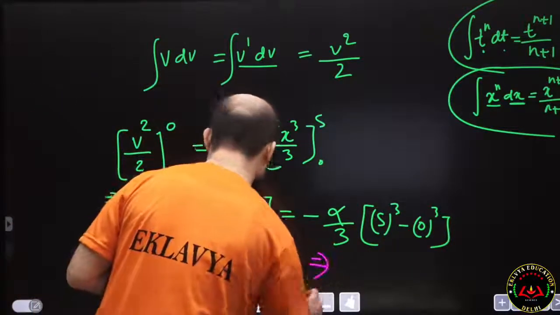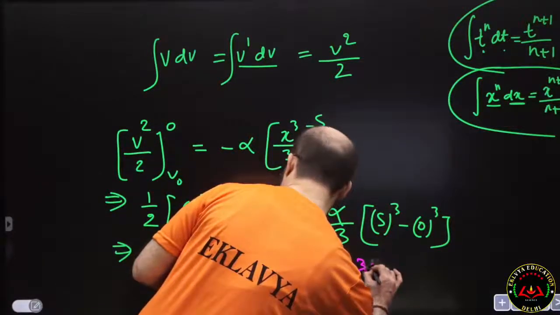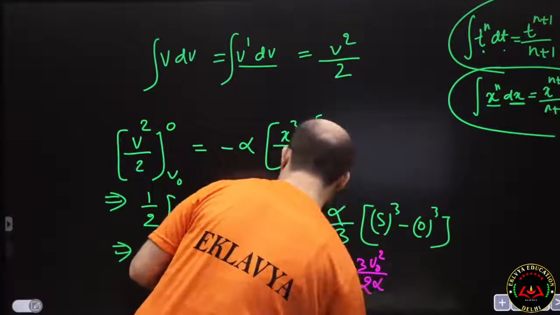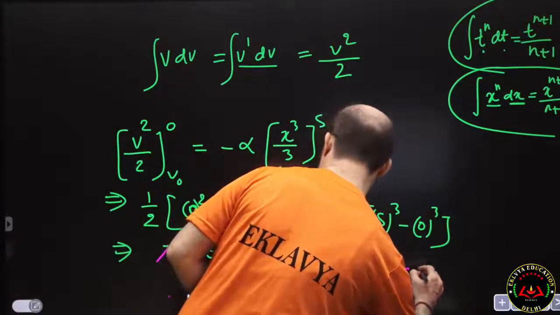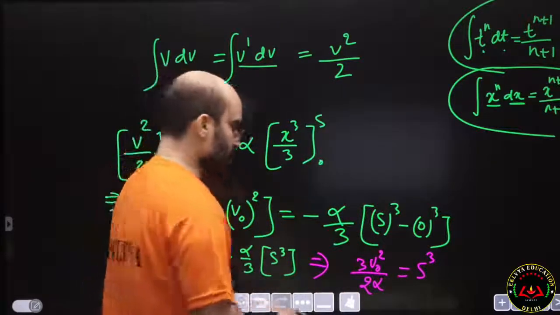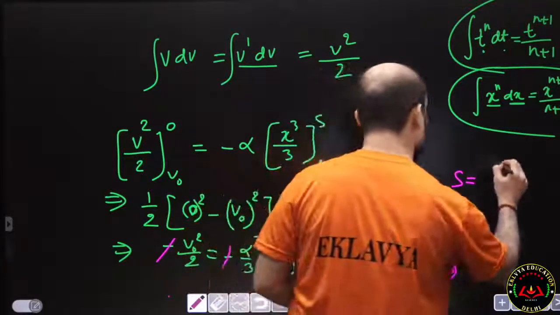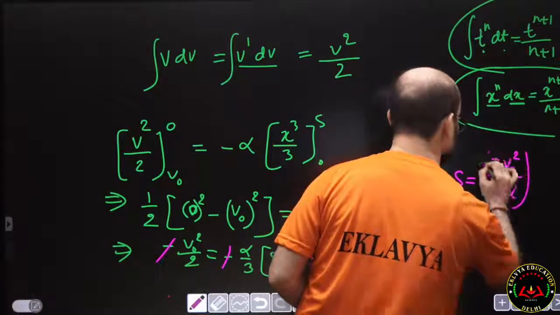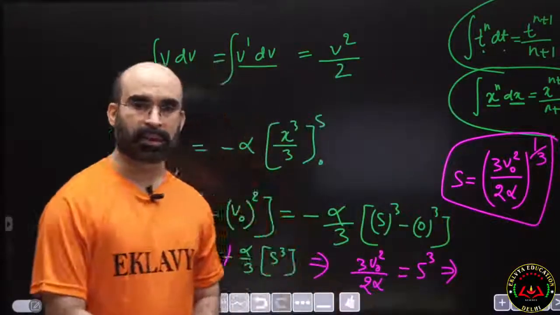Now what will happen? 3v0 square by 2 alpha equals s cube. So what is the result? The result is s equals 3v0 square by 2 alpha raised to power 1 by 3. This is our result.